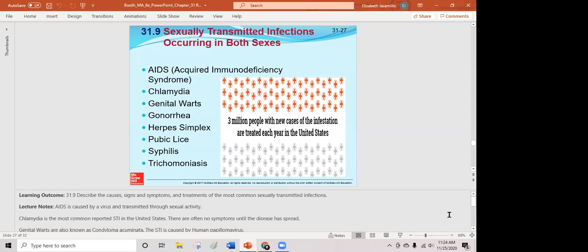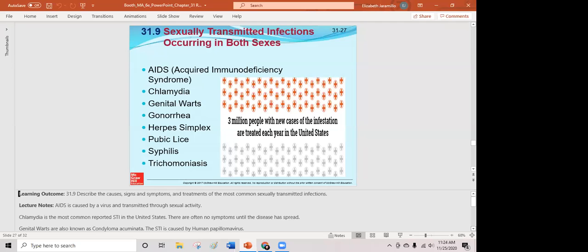So, sexually transmitted infections occur in both sexes. Sexually transmitted diseases affect everybody, not just male or female, right? AIDS is caused by a virus and is transmitted through sexual activity. Chlamydia is the most commonly reported sexually transmitted infection in the United States. There are often no symptoms until the disease has actually spread.